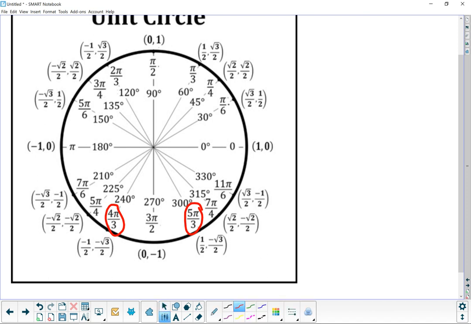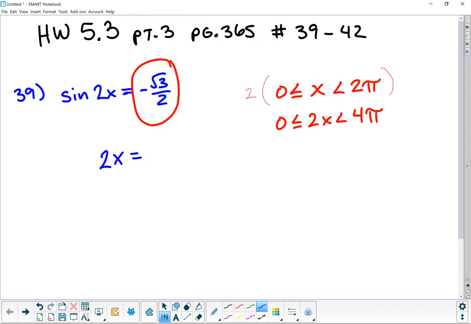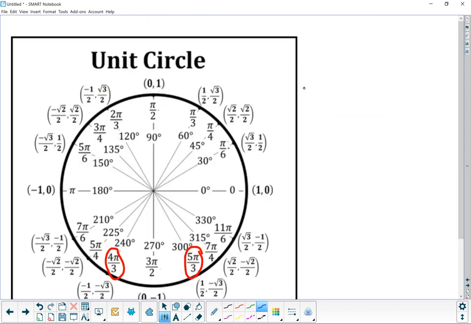So that's our answer so far, and that's only the first circle. So we have 2x equals 4 pi over 3 and 5 pi over 3.